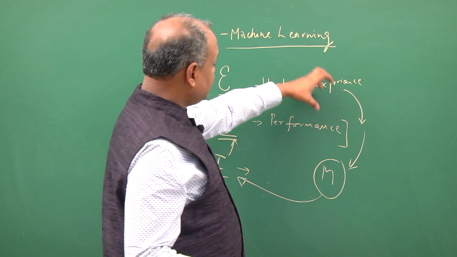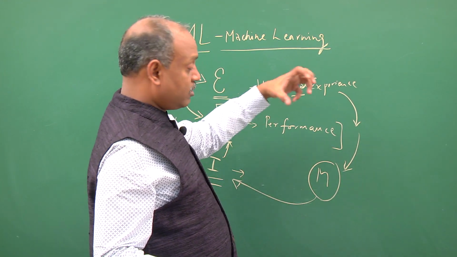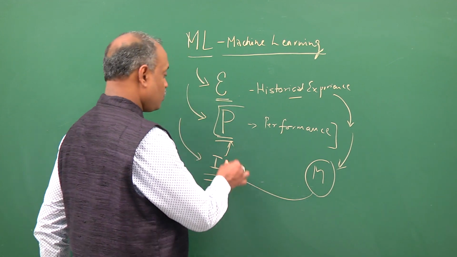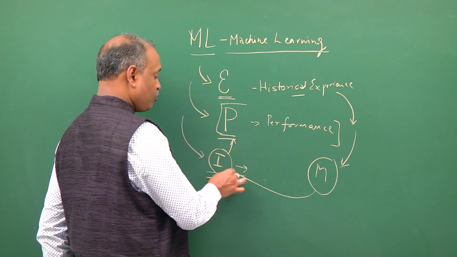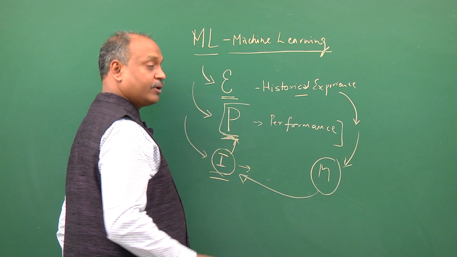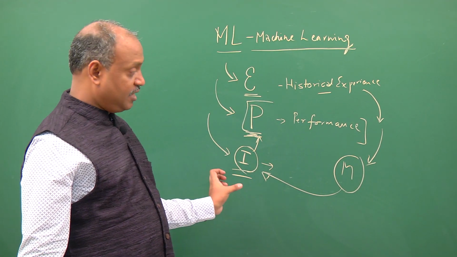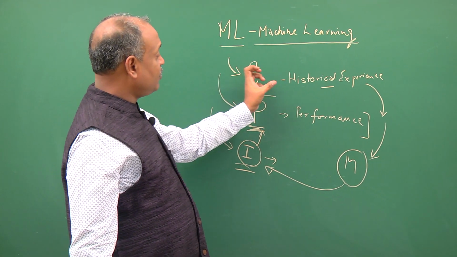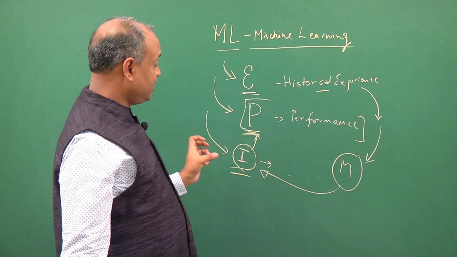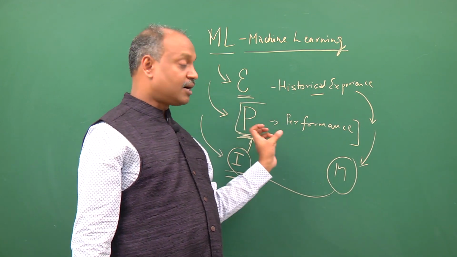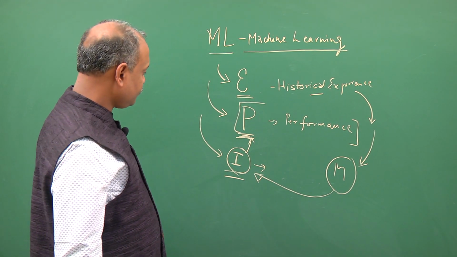Then, using the model or the knowledge extracted from the historical experience, how you produce an improvement in the way you've been performing. So improvement in performance is key, leveraging of history and experience is key, and an objective notion of performance and task is also key.